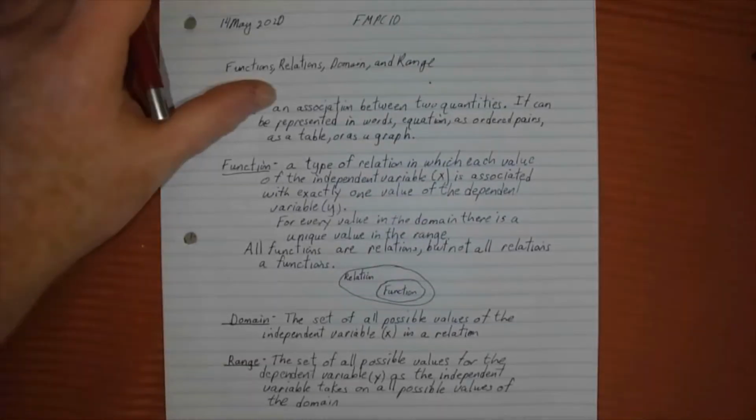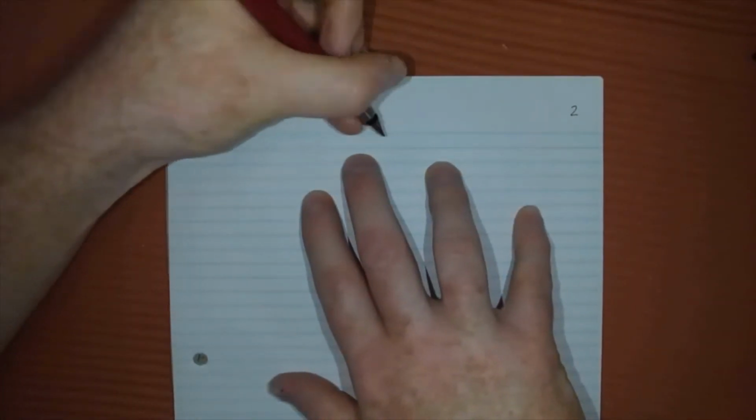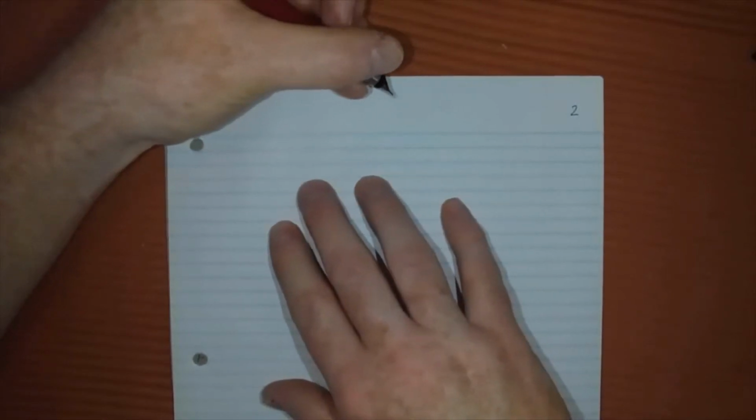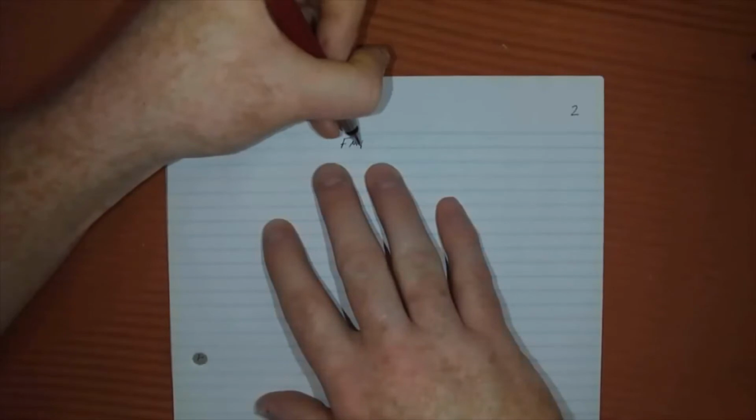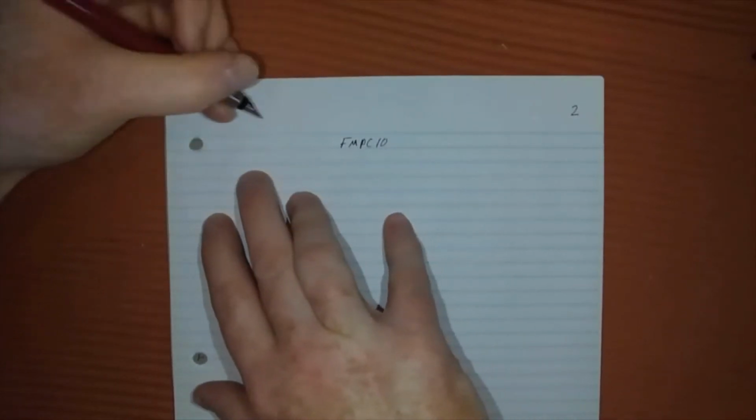All right. I'm going to start a new piece of paper. And we're just going to talk about different ways we can express and write the domain and range. This is going to be a little lengthy, but you know what?